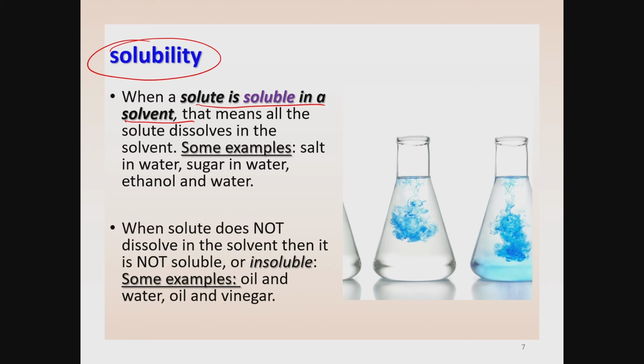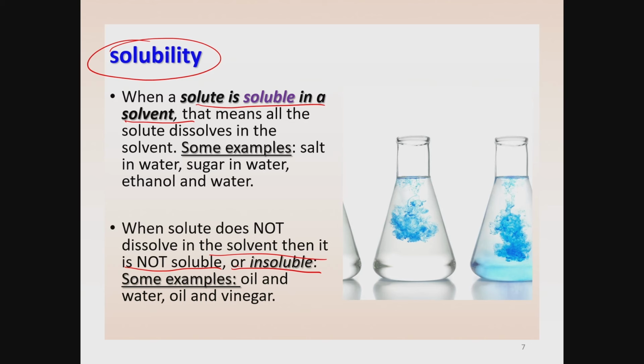But then, for example, you can have ethanol, which is a liquid, and it will dissolve readily in water. So ethanol is soluble in water. On the other hand, if you have some kind of solute that does not dissolve in the solvent, then it is not soluble, or the word we use is insoluble.